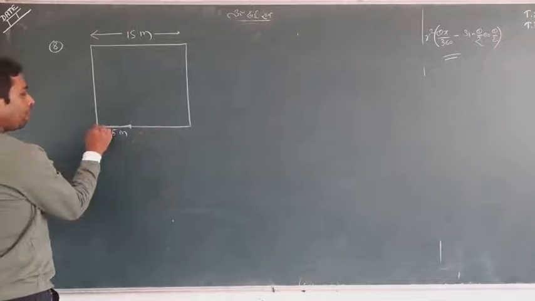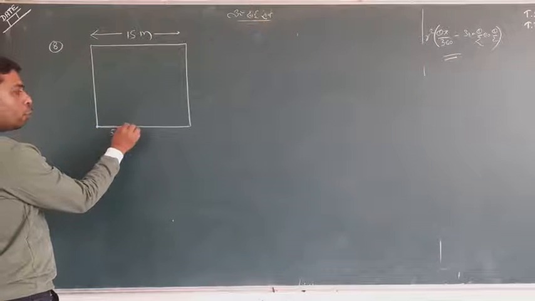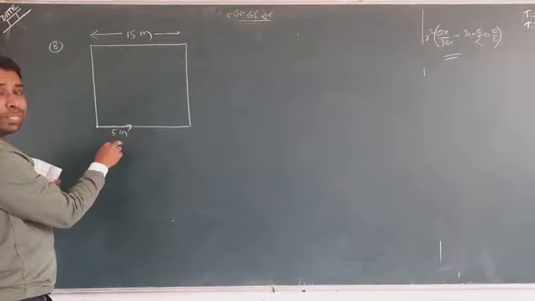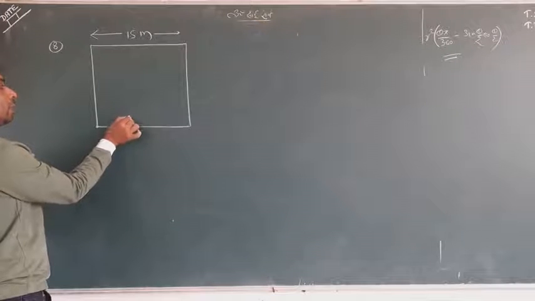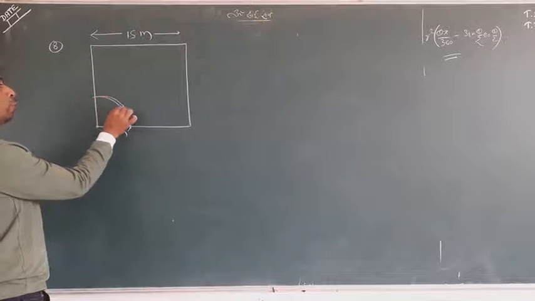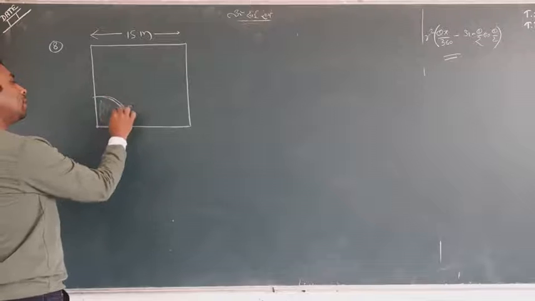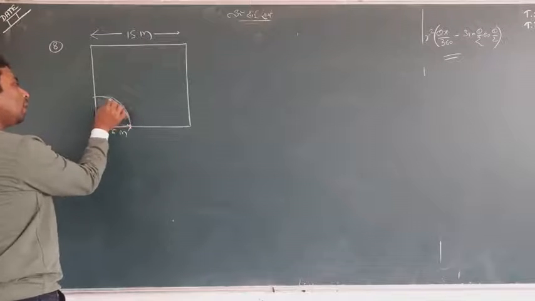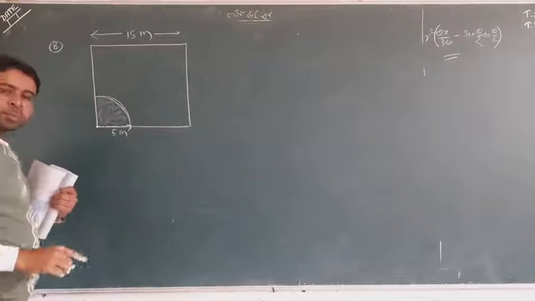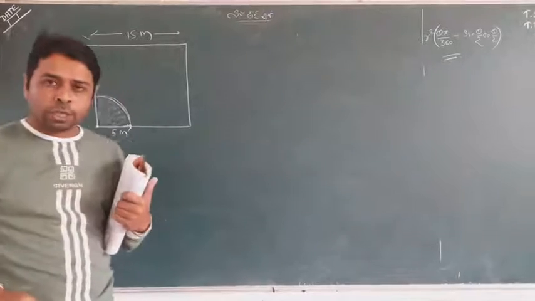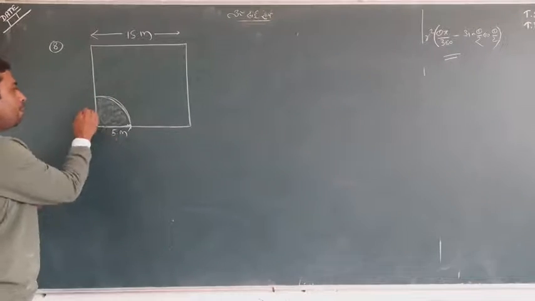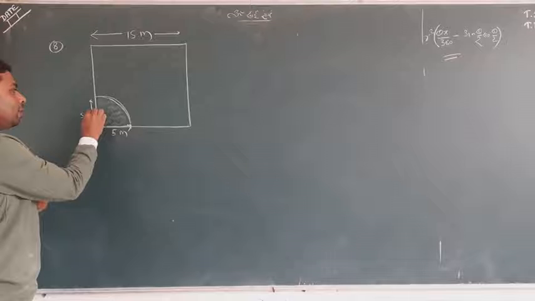Meaning, definitely the horse is tied here. The rope is still this point, 5 meter. So definitely the horse can eat the grass in this portion. The portion that can be grazed by the horse, because the rope is 5 meter. Definitely it is again 5 meter.